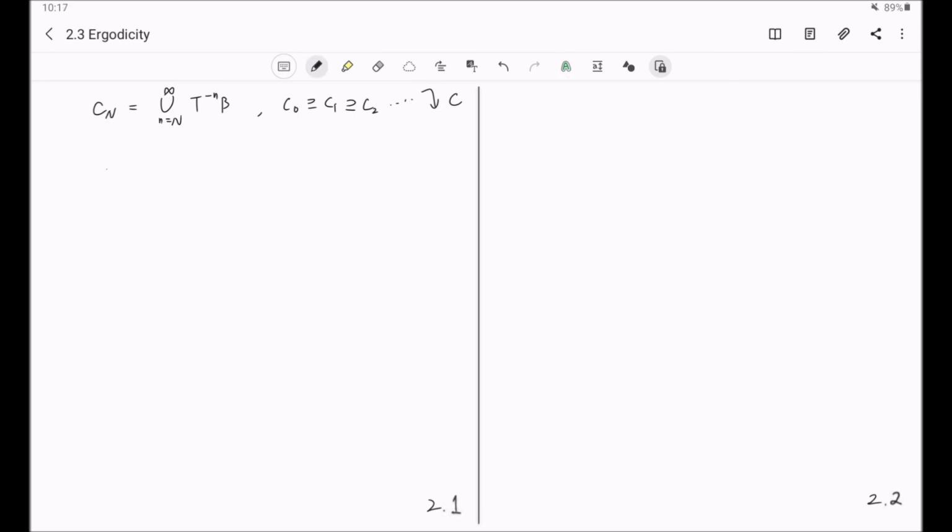And furthermore, if you take the symmetric difference of C sub n and B, what do you get? What you get is this union of T inverse B's symmetric difference with B. And if you take the measure of this, remember, we just proved from above that this is equal to 0.